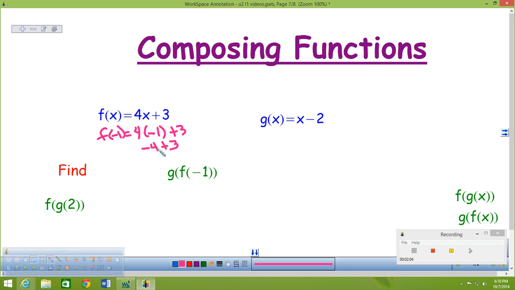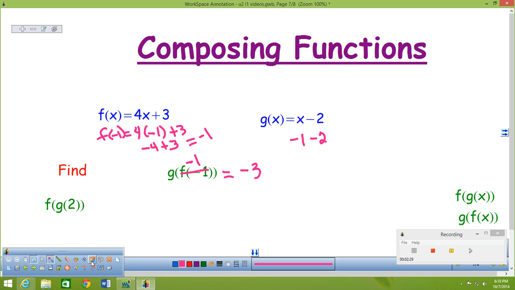So f of negative 1 is actually equal to negative 1. Ooh, might have picked a better number for that. So now then, I take the answer to this, negative 1, and I place it into the g function. So that's negative 1 minus 2, which is equal to negative 3.